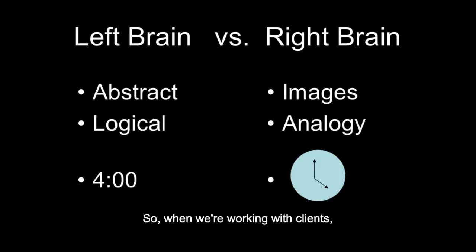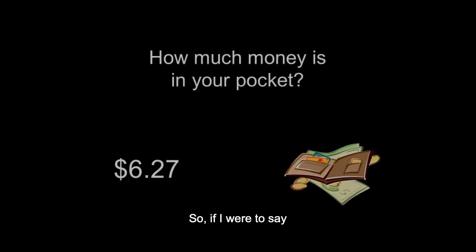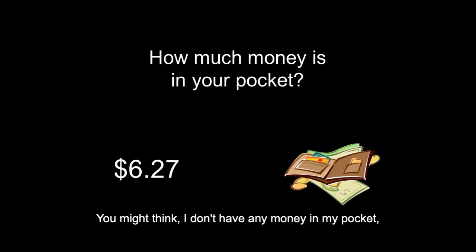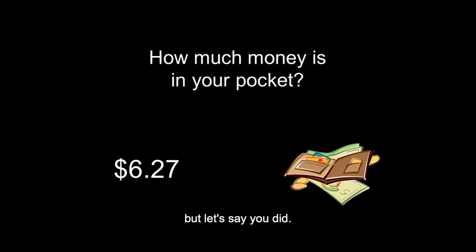So when we're working with clients and trying to build infographics, we have to understand how everyone thinks. So if I were to say, how much money is in your pocket? You might think, well, I don't have any money in my pocket, but let's say you did. So how much money is in your pocket? Do you think of the exact amount?